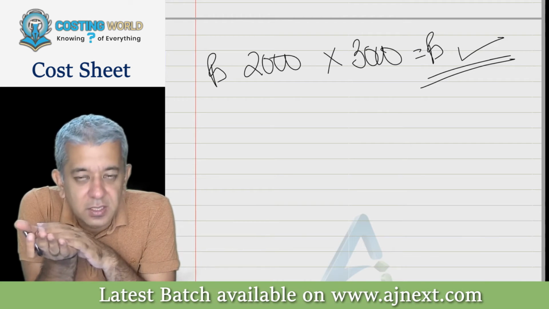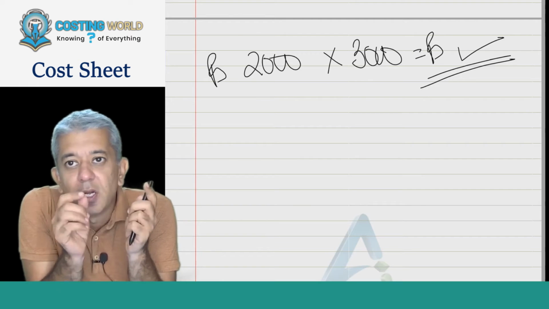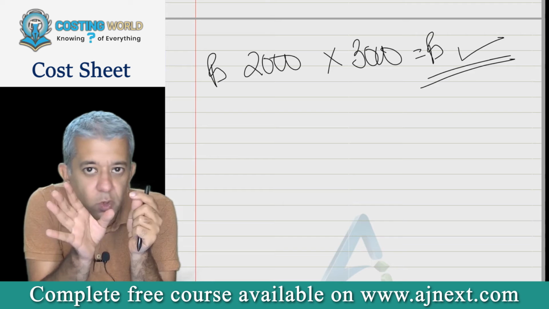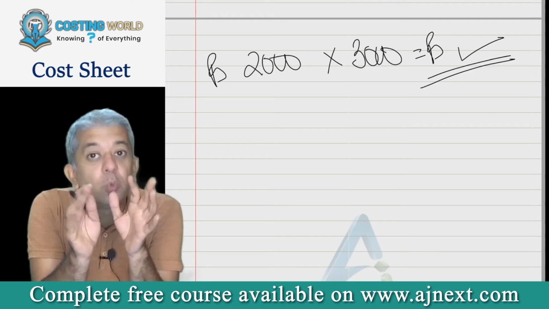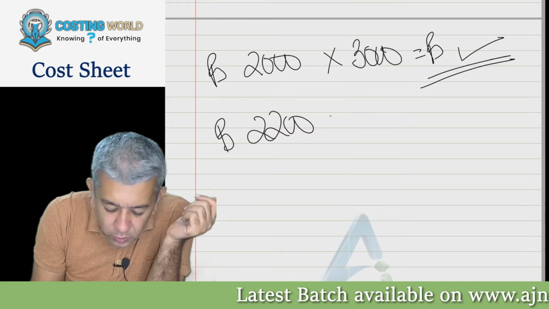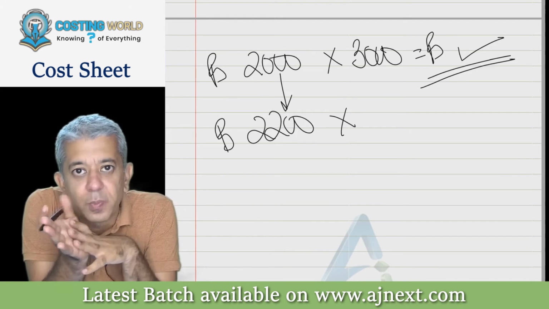Now, this year, my publisher tells me that each book I will sell you not for 2,000, I'll sell you for 2,200. Okay. Now, obviously 2,200. Can we say my book cost has increased by 10%, no?